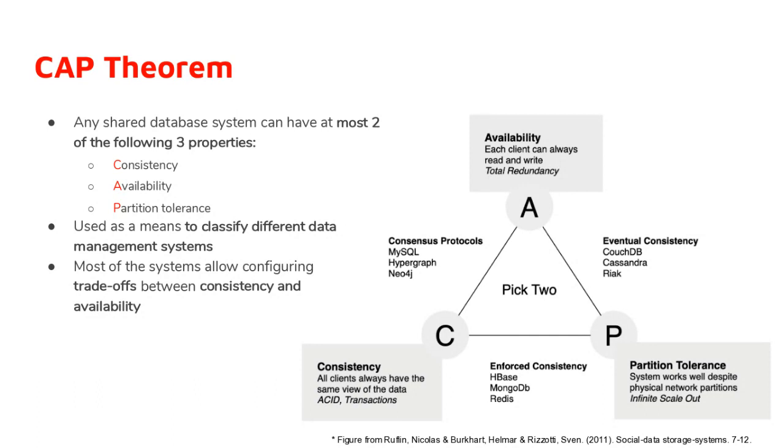But then you have the third requirement for a system, and that's partition tolerance. That's a property that means the system works well despite physical errors. Infinite scale out, they call it. So even if a machine fails, the cluster still works properly. And that's something you don't have with databases.